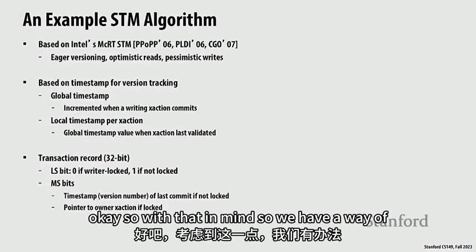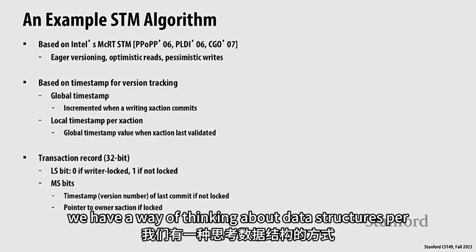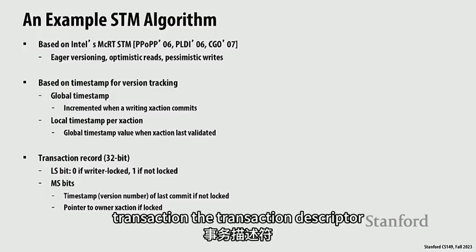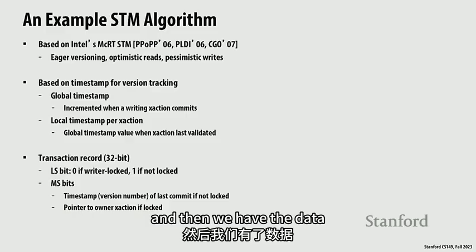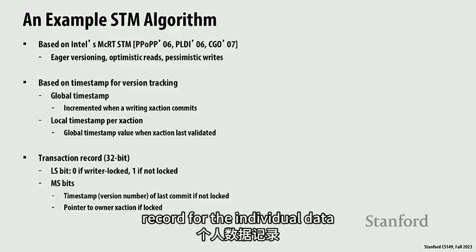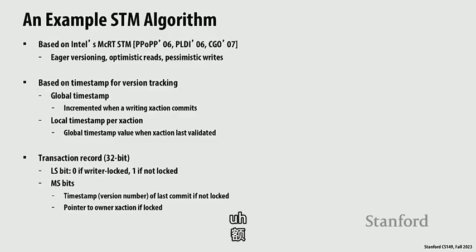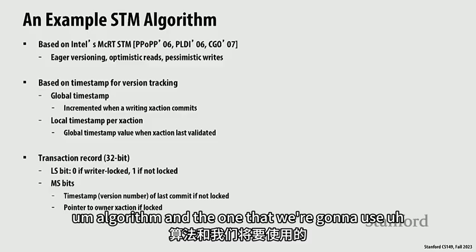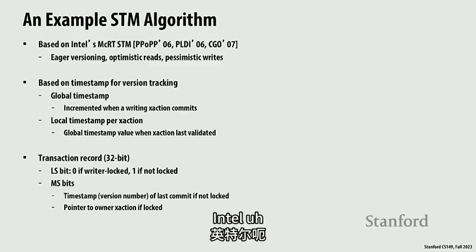Okay, so with that in mind, we have a way of thinking about data structures: per transaction, the transaction descriptor, and then the data record for the individual data. Now let's talk about a specific STM algorithm. The one we're going to use comes from Intel.